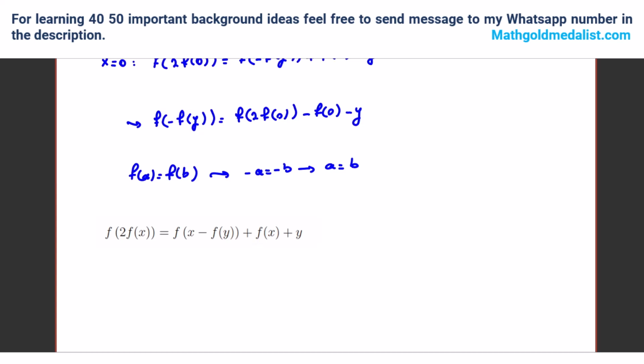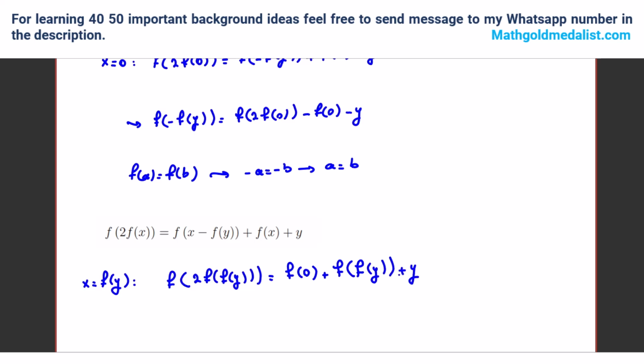If we consider special cases, for example, if x is equal to f of y, then this part will be bad, this part will be good, f of 0, plus f of y plus y.